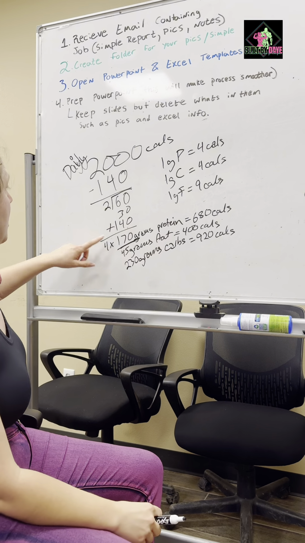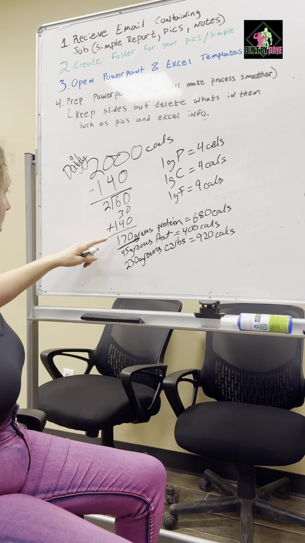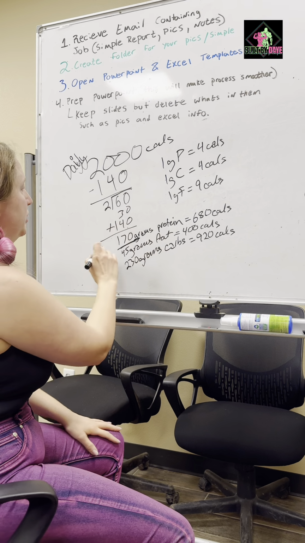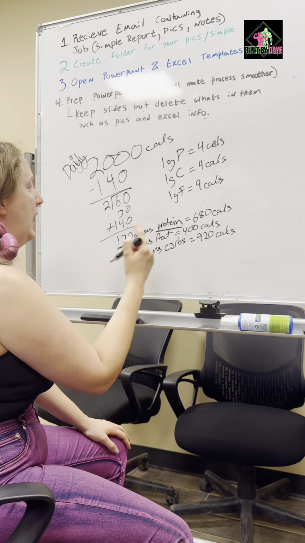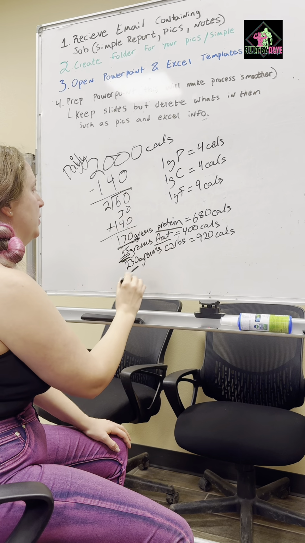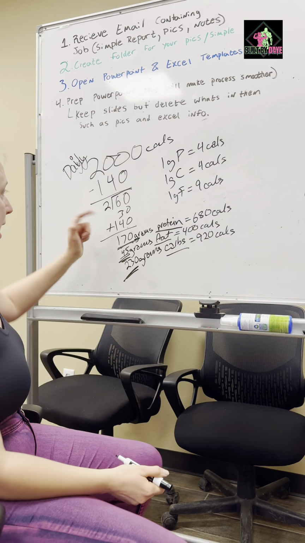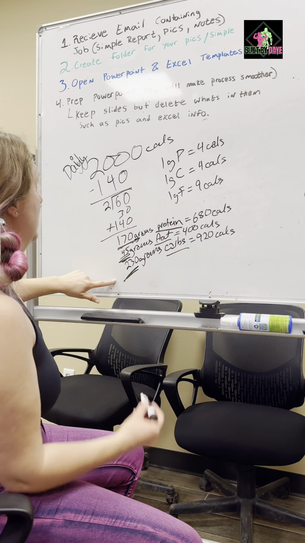Okay? So when we're all said and done, we are at 170 grams of protein every day, 45 grams of fat every day, and 230 grams of carbs every day. That's our 2,000 calories broken down into macros.